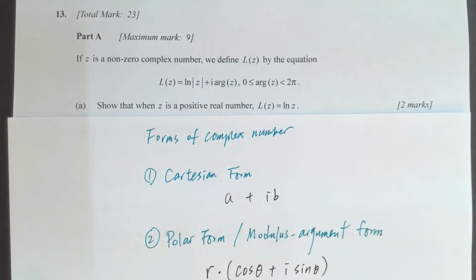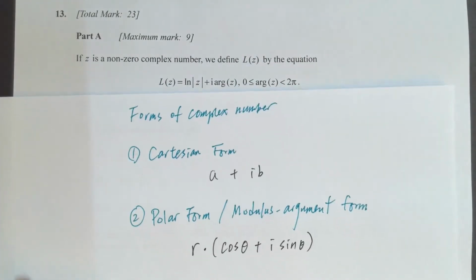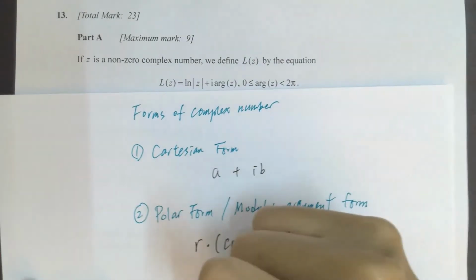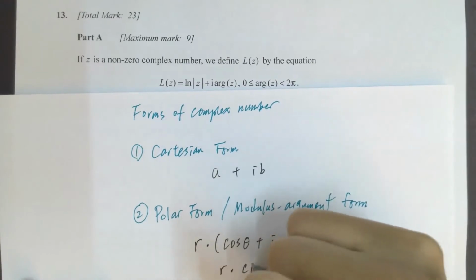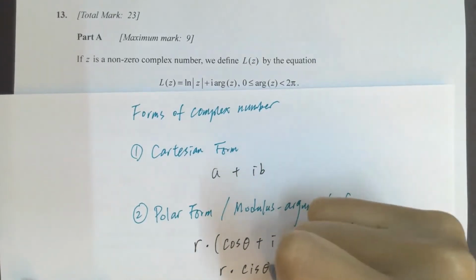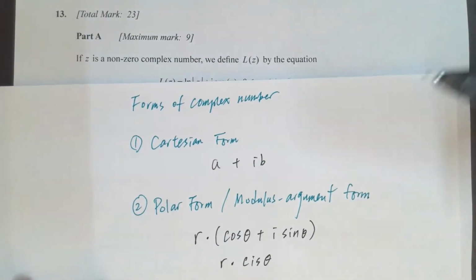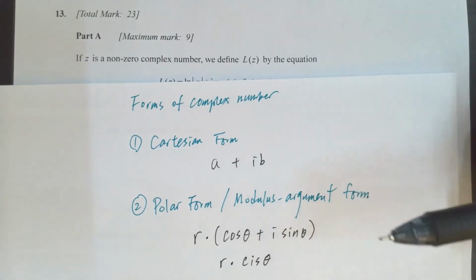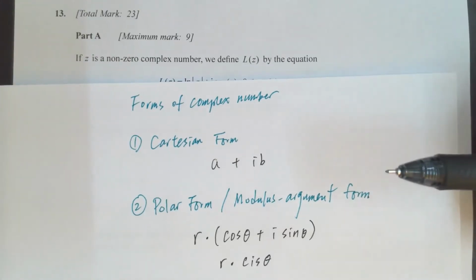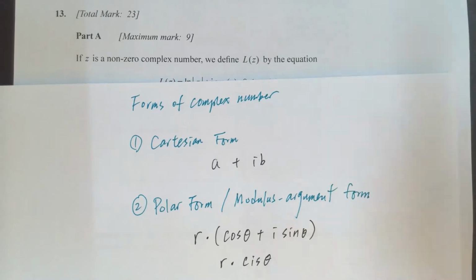We also have a very special notation for this, which is r cis θ, which is to say, when you see cis θ, you've got to translate it back to cos θ + i sin θ. Okay? We'll go over these forms again, so don't worry.